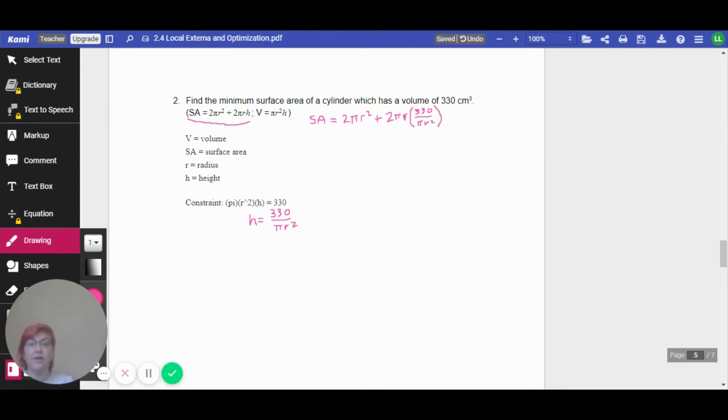That is surface area in terms of the radius.